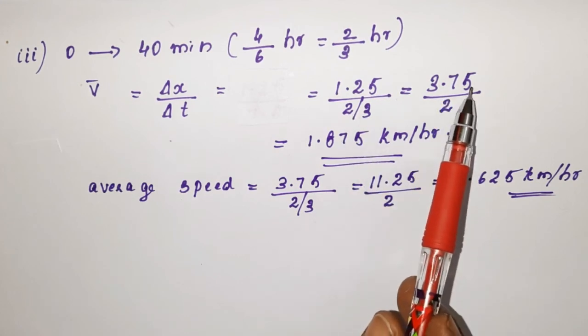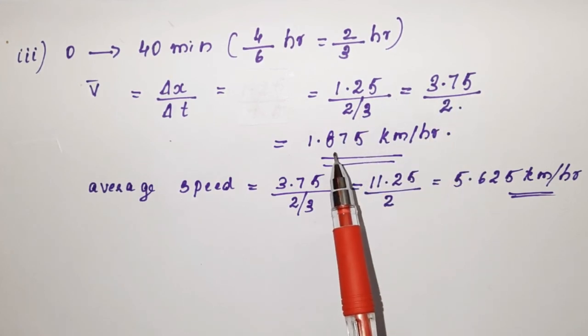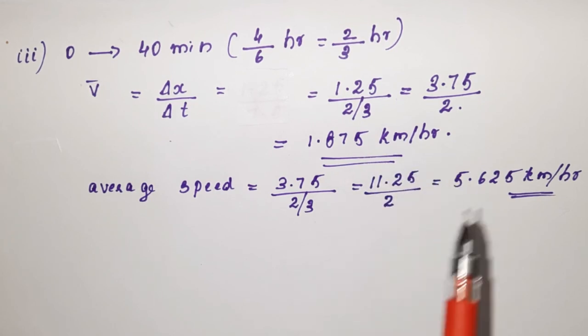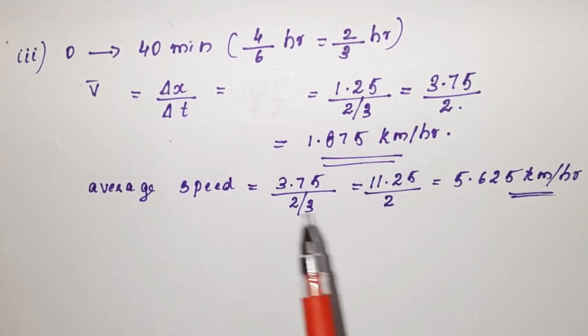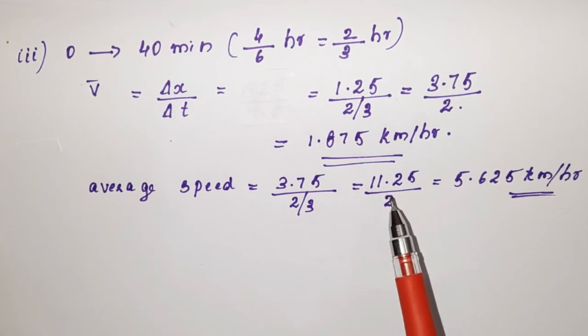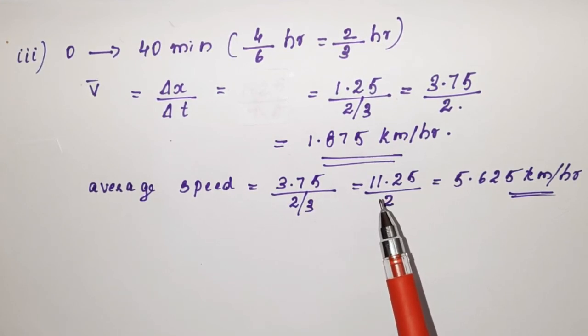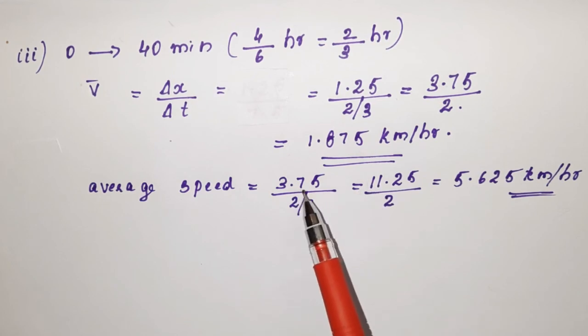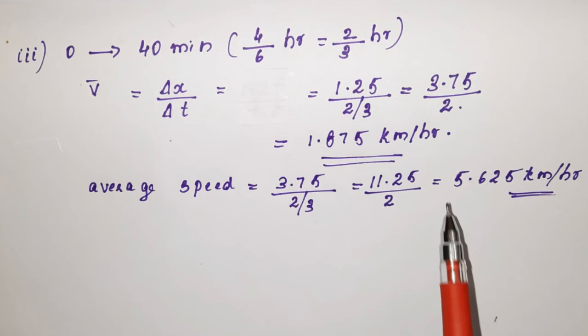So we have 3.75 by 2, that is 1.875 kilometer per hour. Now for average speed, we need path length. Total path length is 2.5 kilometer plus 1.25, that is 3.75, divided by the time taken, 2 by 3. So we'll get 5.625 kilometer per hour.